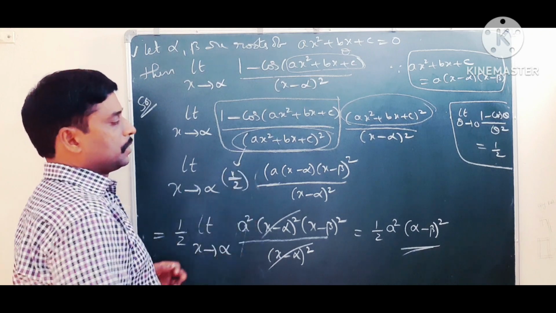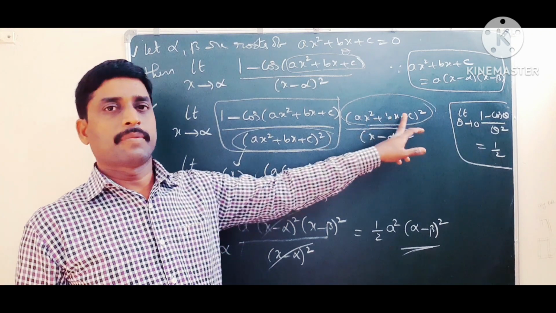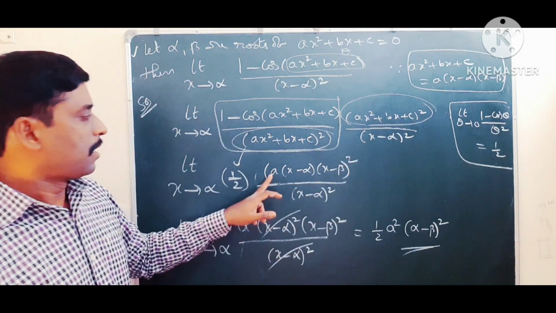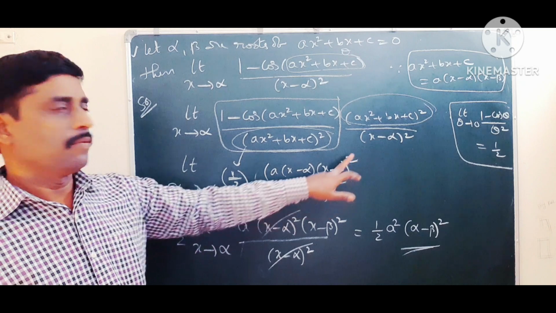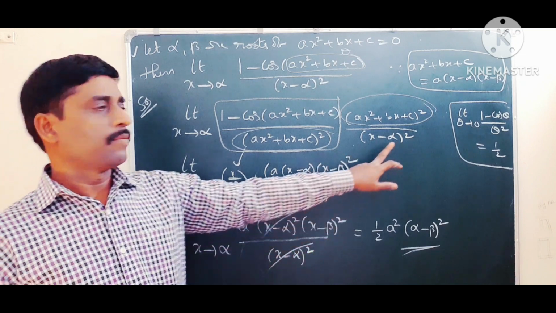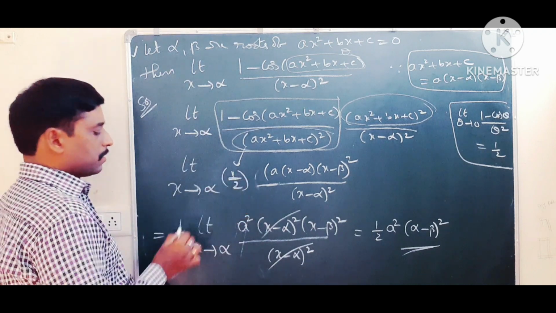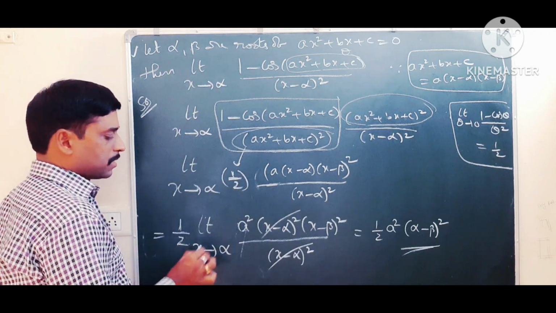Okay. So into here, ax square plus bx plus c is nothing but a times of x minus alpha into x minus beta. So (a into x minus alpha into x minus beta) whole square by (x minus alpha) whole square, from the statement this is given. So 1 by 2 constant is outside of the limit, limit x tends to alpha.